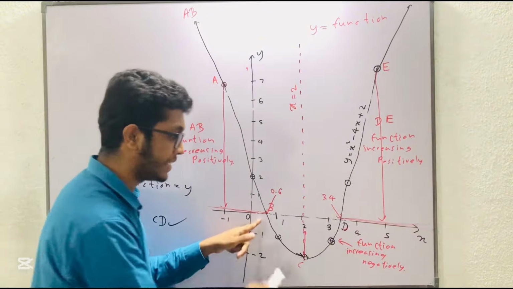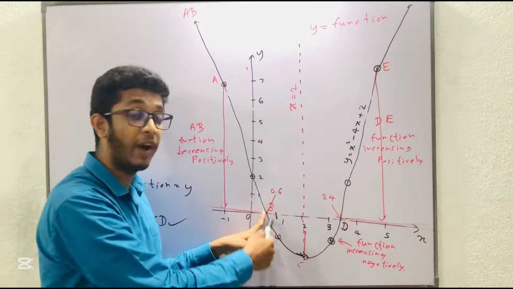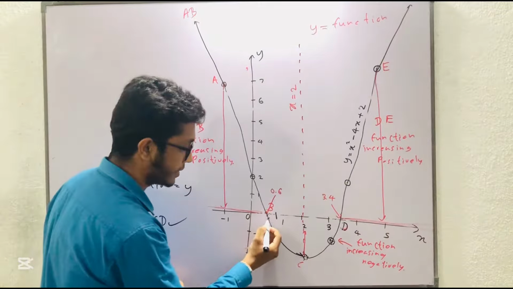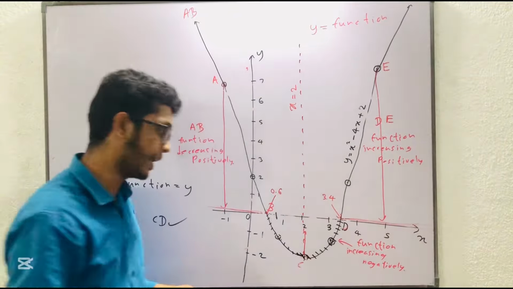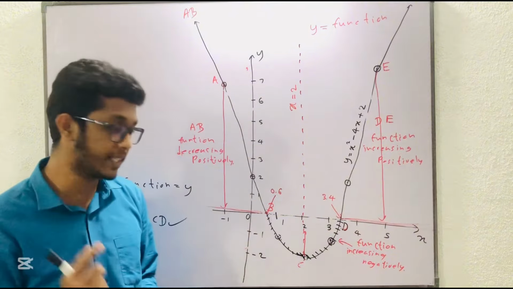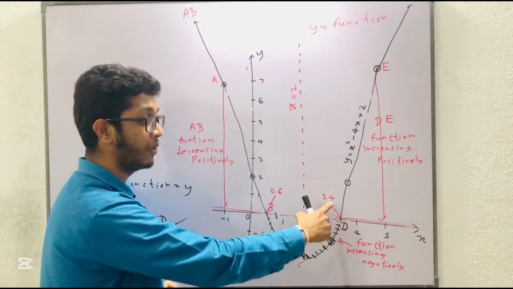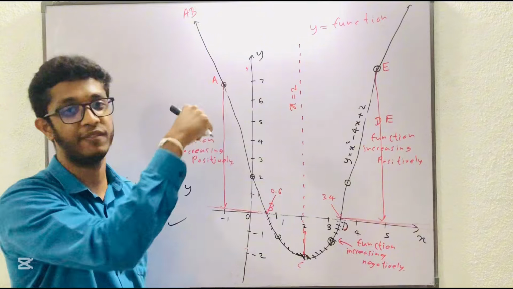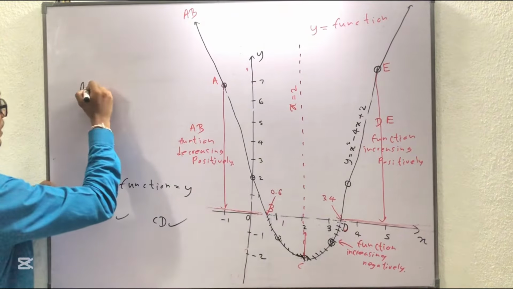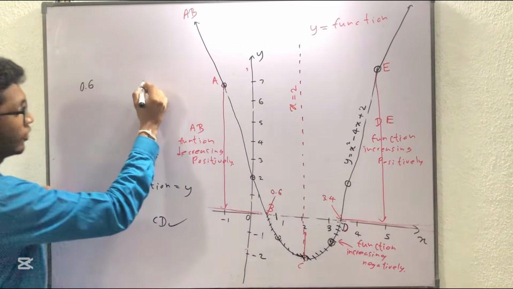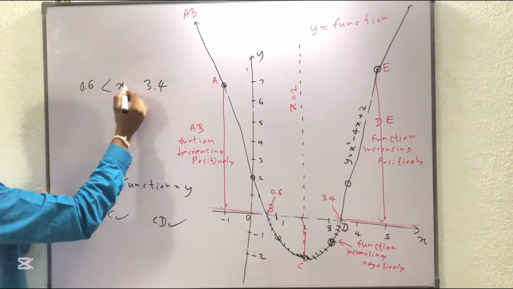So in this BC and CD part, starting from this B point up to D, y values are negative. That means in this whole graph part, all the y values are negative. So I told you when writing an x value range, we have to get the minimum x value 0.6, we have to get the maximum x value 3.4, and in between that I am writing x with the inequality mark.